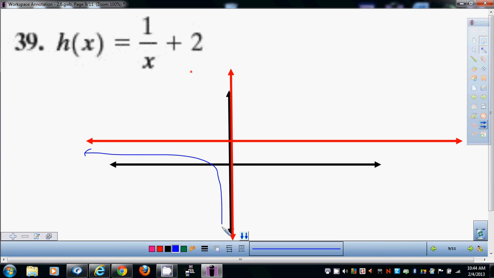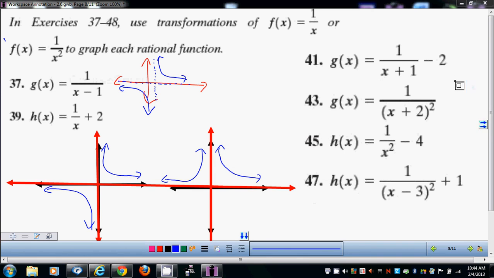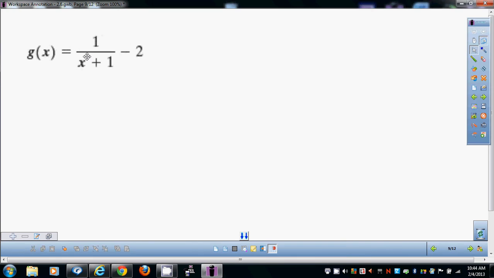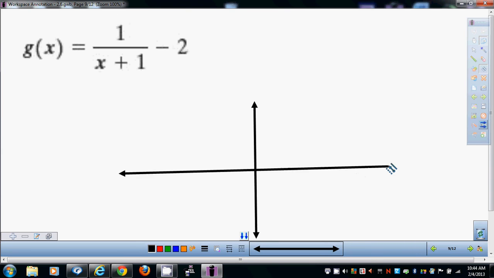Let's put them together. 41. 41 has 2 shifts. And what would they be? Very good. Left 1, down 2.